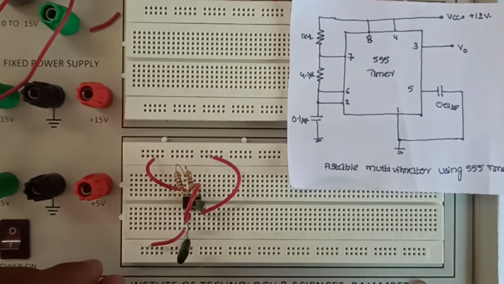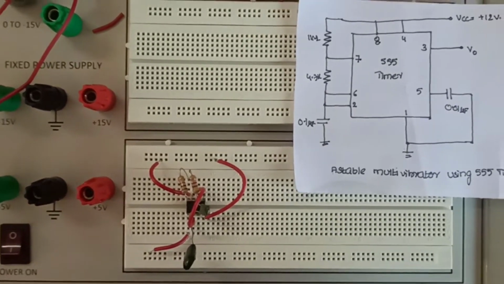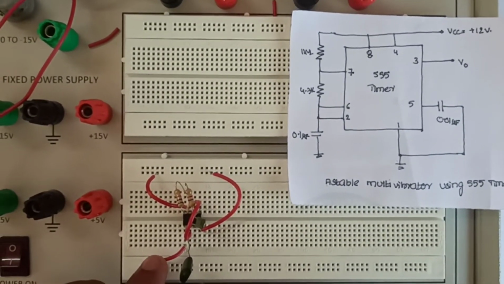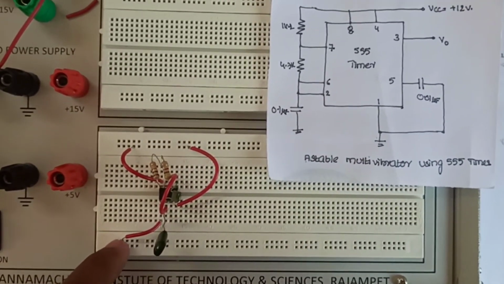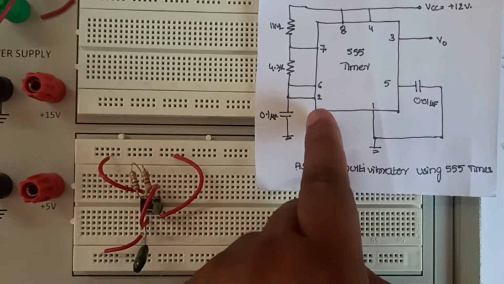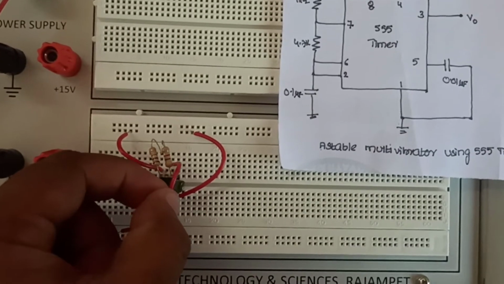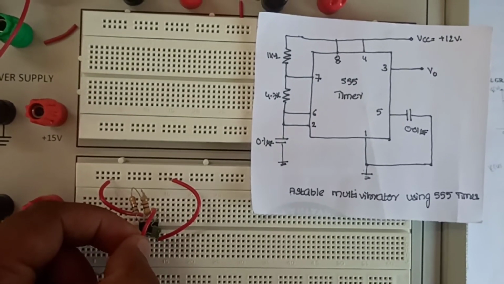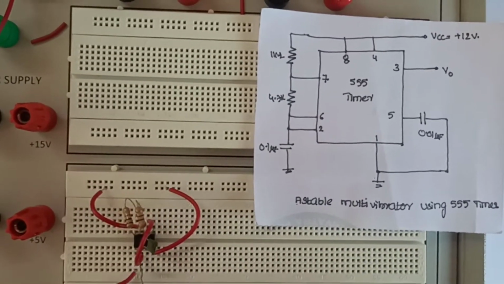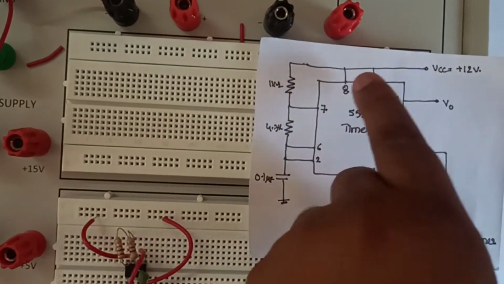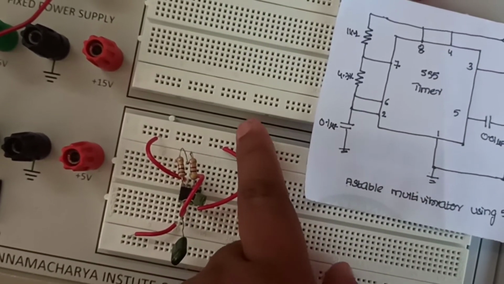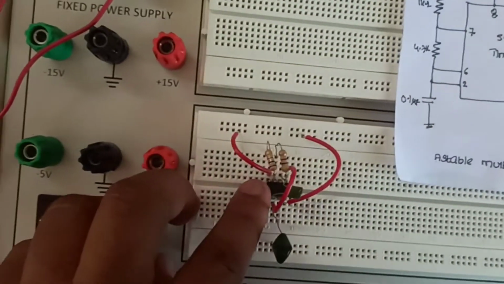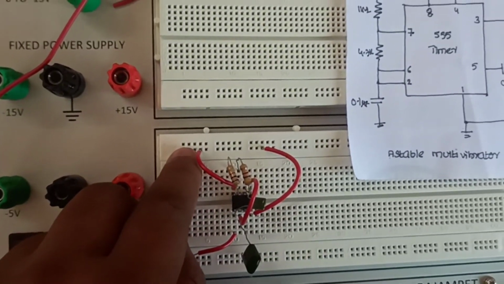So pin 1 is grounded, as you see here, and then pins 2 and 6 are shorted using a wire, and then pins 8 and 4 are to be connected to VCC. I have taken a wire from pin 4 and connected it to VCC, and similarly from pin 8 to VCC.